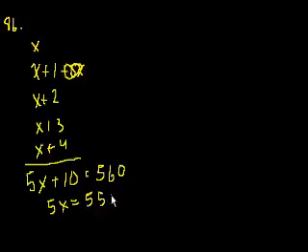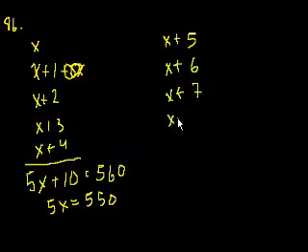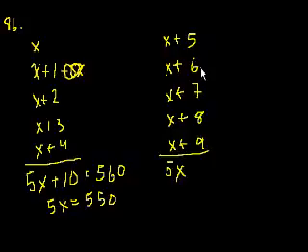I think we can use that information. Now, what are the next 5 integers going to be? It's going to be x plus 5, x plus 6, x plus 7, x plus 8, and x plus 9, right? These are 5. And what do those add up to be? That's 5x plus 5 plus 6 is 11, plus 7 is 18, plus 8 is 26, plus 9 is 35.